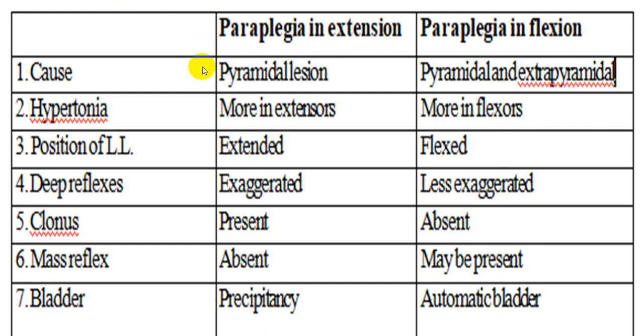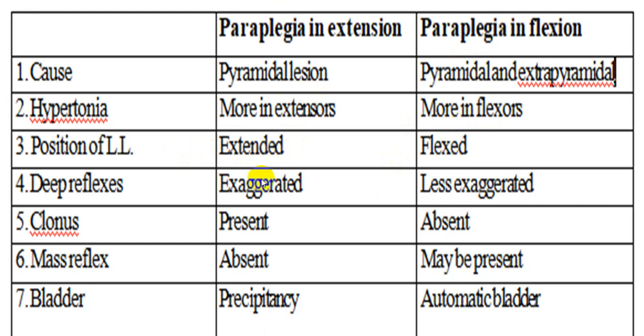So, paraplegia in extension will be because of pyramidal lesion, while paraplegia in flexion will be because of pyramidal plus extrapyramidal system. In extension, there will be more tone in extensor group of muscle, while in paraplegia in flexion, it will be more in case of a flexor group of muscle. Lower limb will be extended, while here in paraplegia in flexion, it will be flexed.